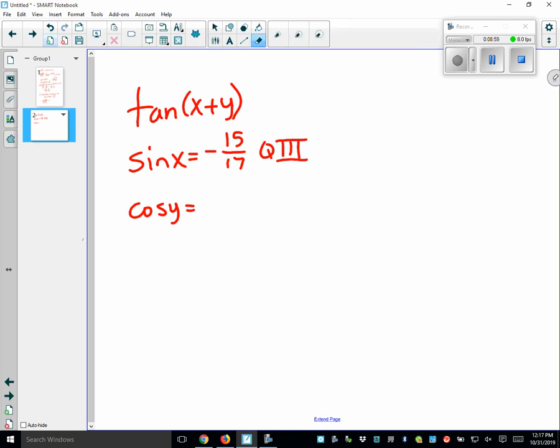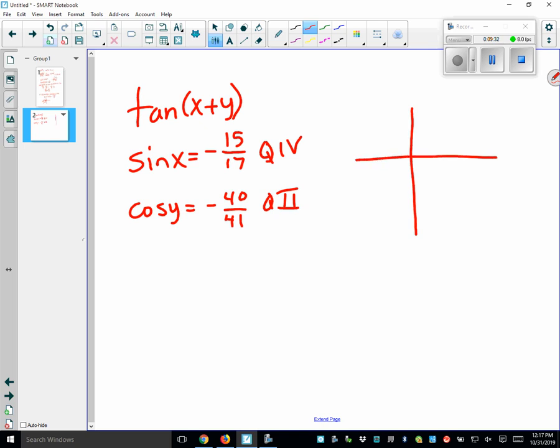This is quadrant 4, sorry. This one is quadrant 2. What do I do first? Well, the other side's negative, so you've gotta find the other side. I've got to draw my triangles, don't I? Yes, you can.